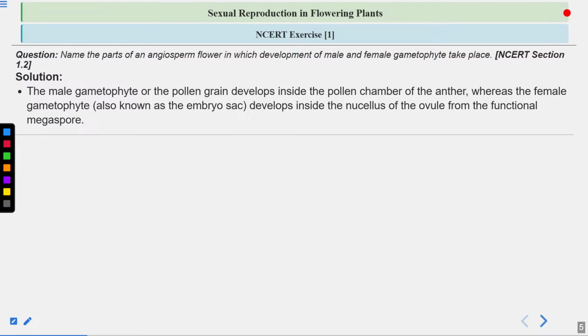We have seen in our theory classes how it forms. So this is the answer of that question. Let's move to our next question.